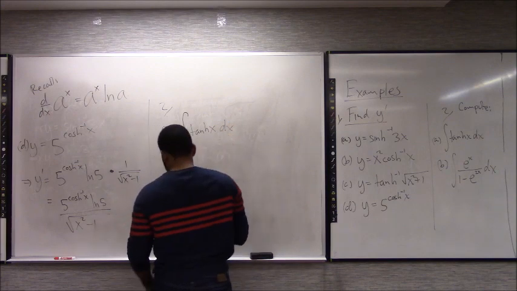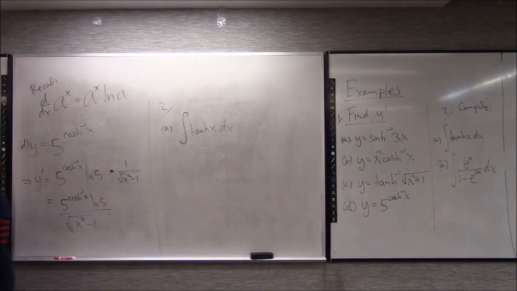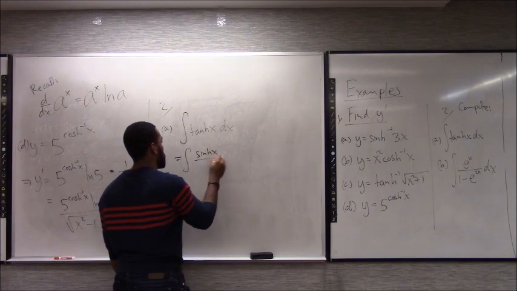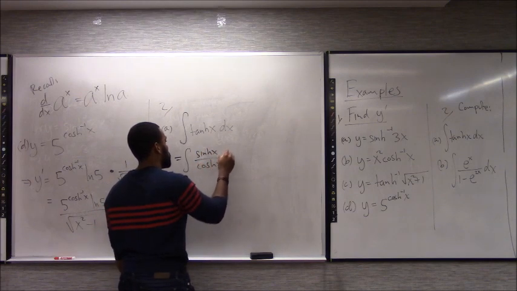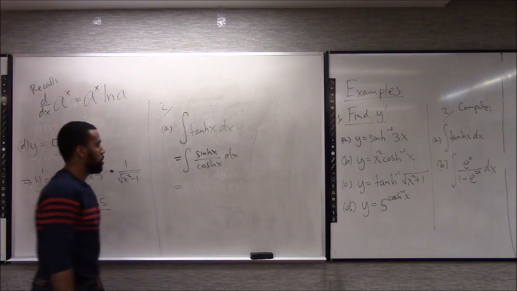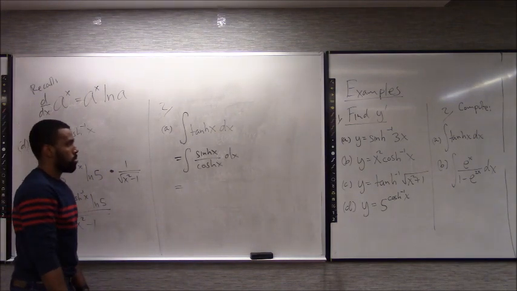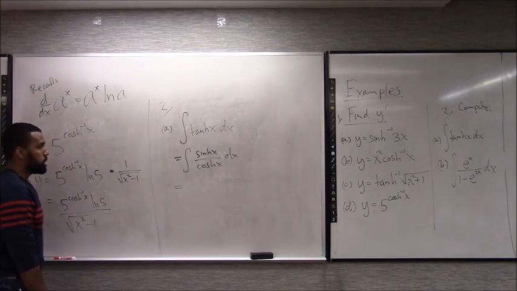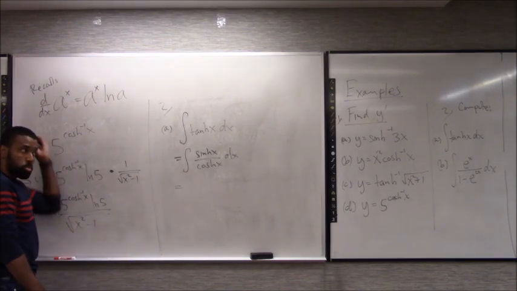Ideas of integrating tanh. Turning it into sinh over cosh. Then use of cosh: u equals the cosh, your du is going to be the sinh, so you end up with 1 over u.